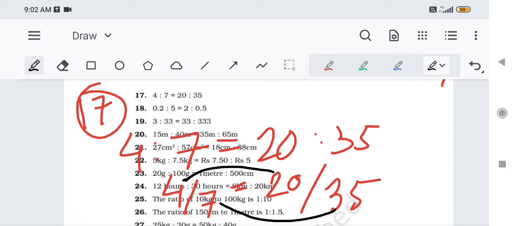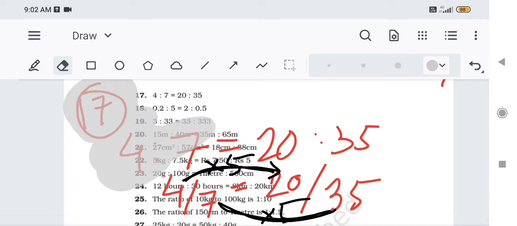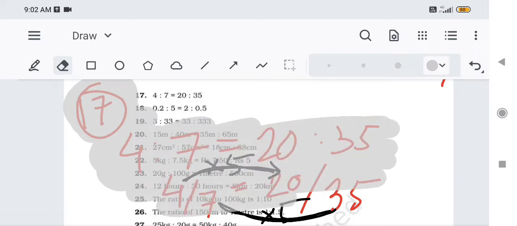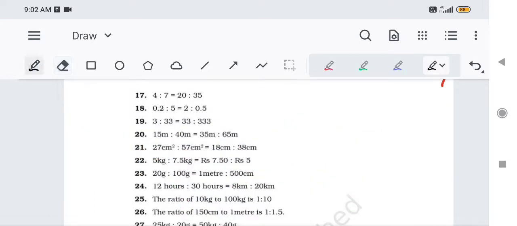Here from 4 it has become 20, so multiplied by 5. Here from 7 it has become 35, so again multiplied by 5. So this statement is also true, that the ratio 4:7 is equal to 20:35, because both of these ratios are equivalent.